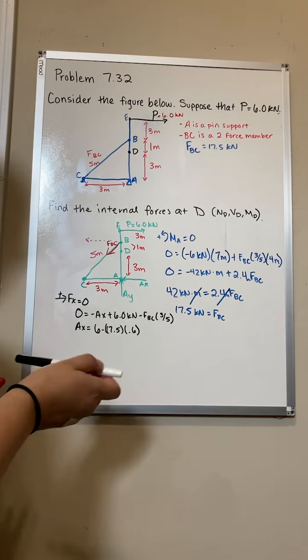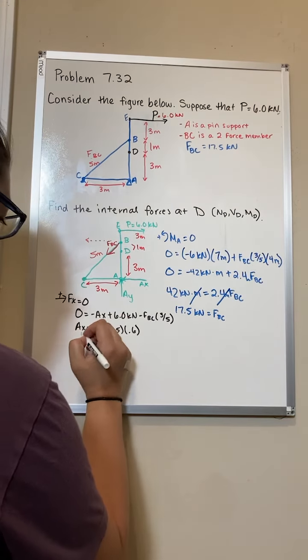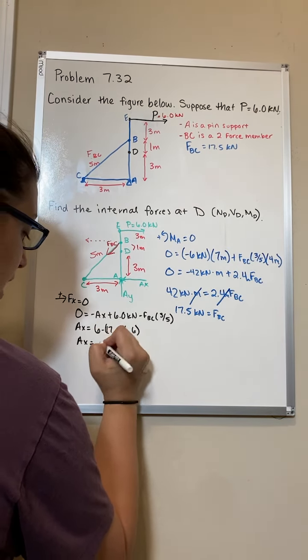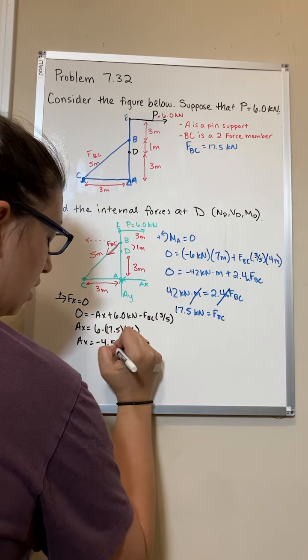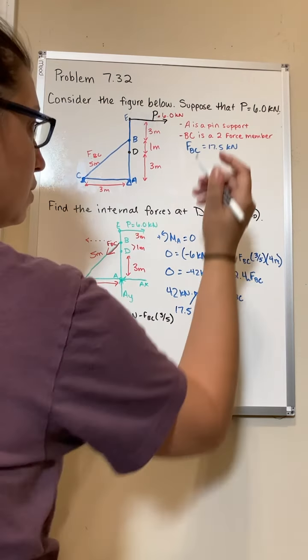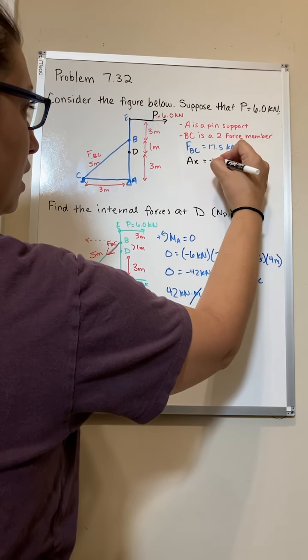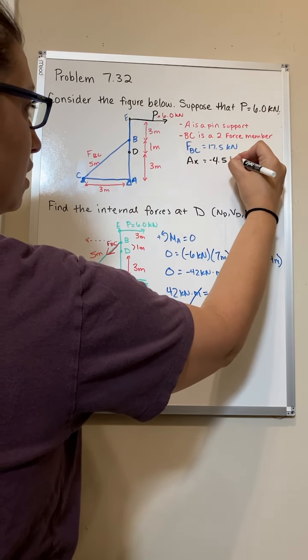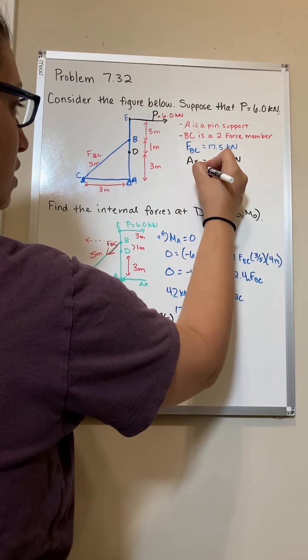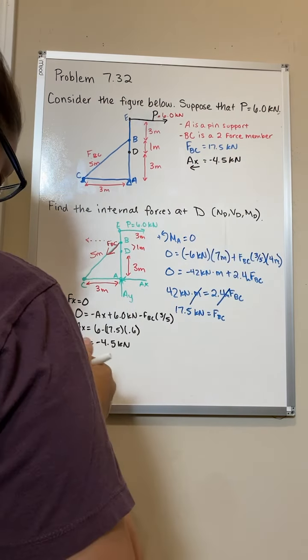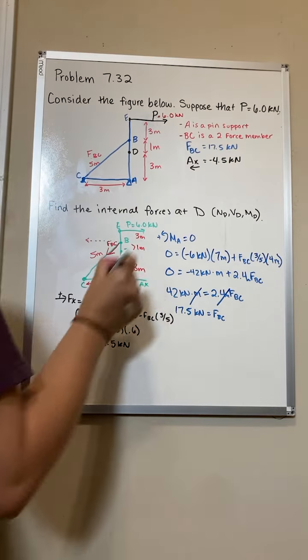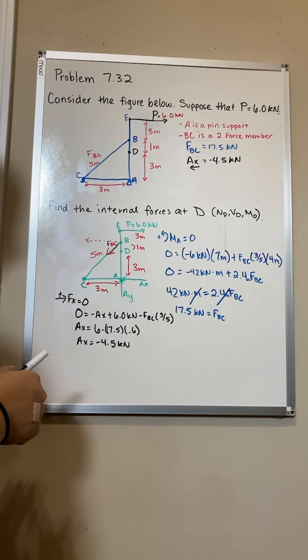So our Ax is shown in the wrong direction, that's all that means, but that's okay because we know that. So again, I'm going to put that up here. Ax is equal to negative 4.5 kilonewtons, and that is with the Ax going in this direction. So we know when we do our last free body diagram, we know how to notate that.